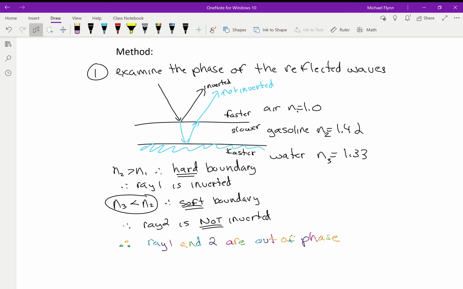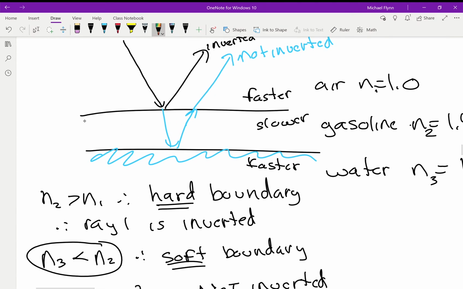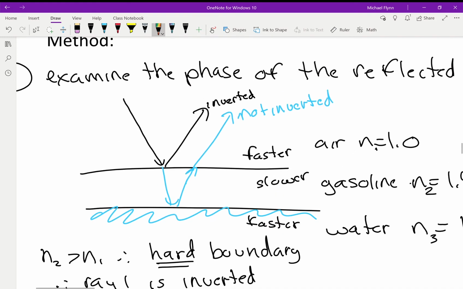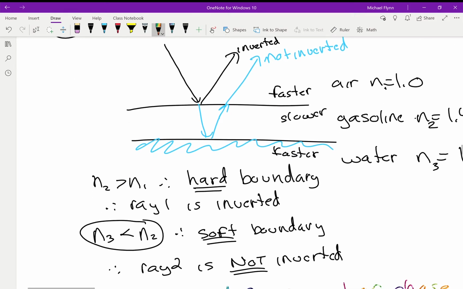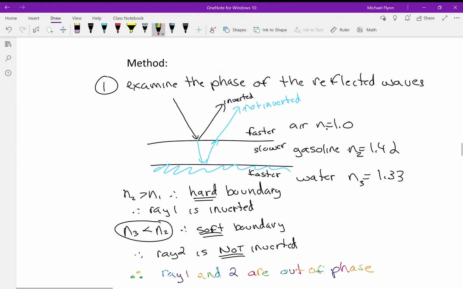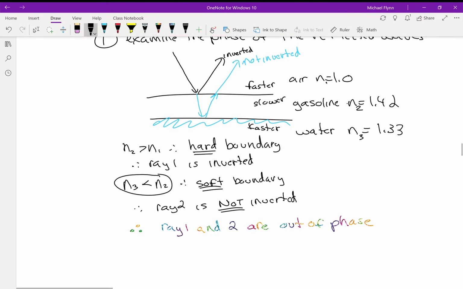We see that the first wave is inverted, and then it splits off into 2. The wave that goes down to the bottom here is not inverted when it bounces off the water. Okay, now you're the observer, you're seeing these 2 reflections, but they interfere, and produce interference. So now, step 2, and there's only 2 steps.